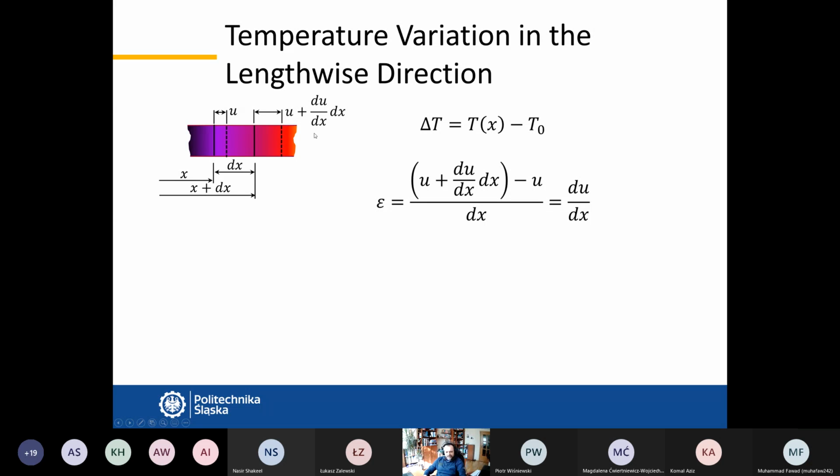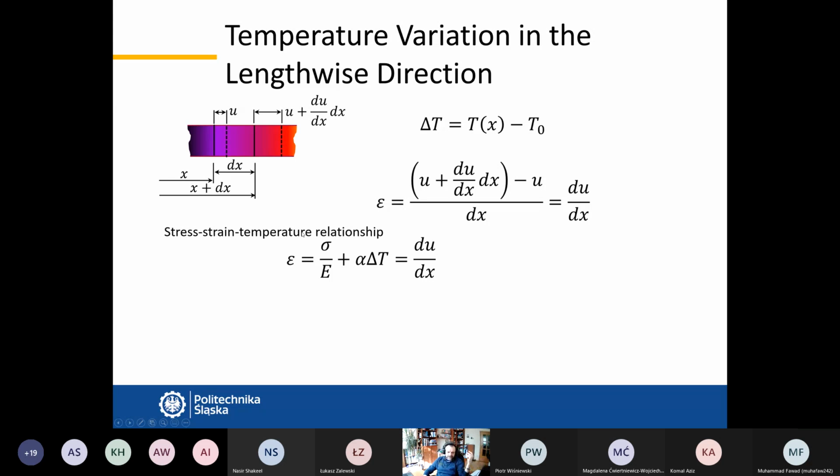So elongation of the right-hand side and elongation of the left-hand side of the material results in du over dx. And this you should remember from your strength of material course. So this is the linear strain, so relative elongation of a material, and it is exactly equal to change in length of the small size divided by the original length. So this is just a deformation of an element of the material.